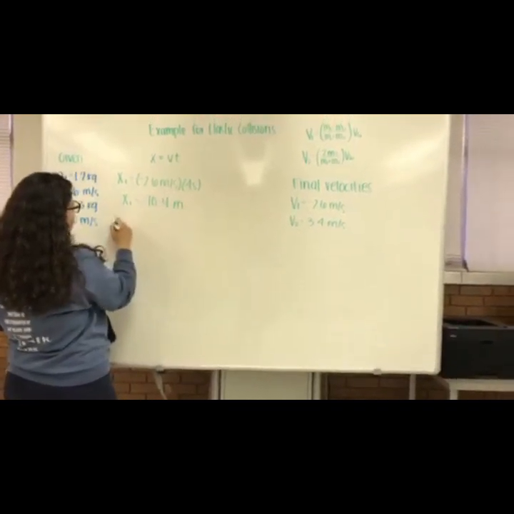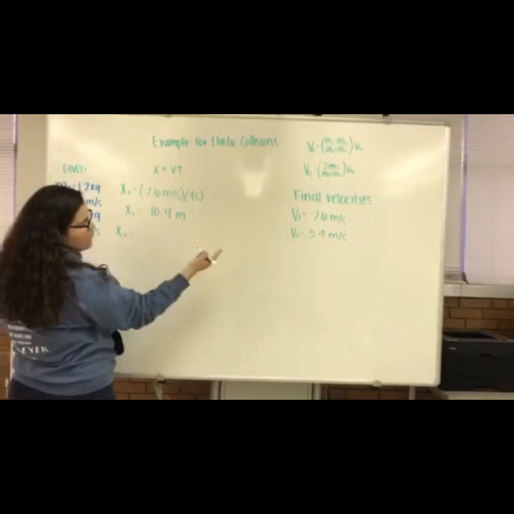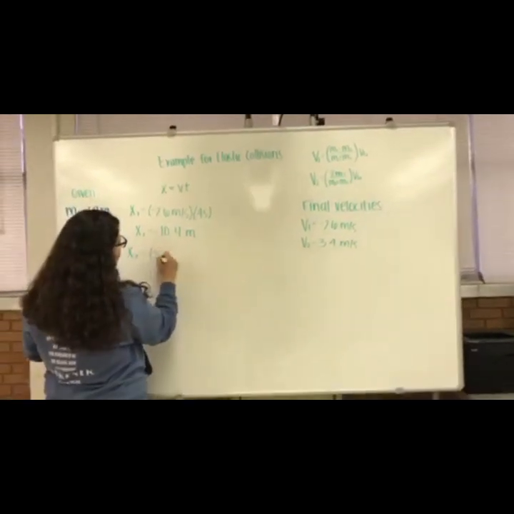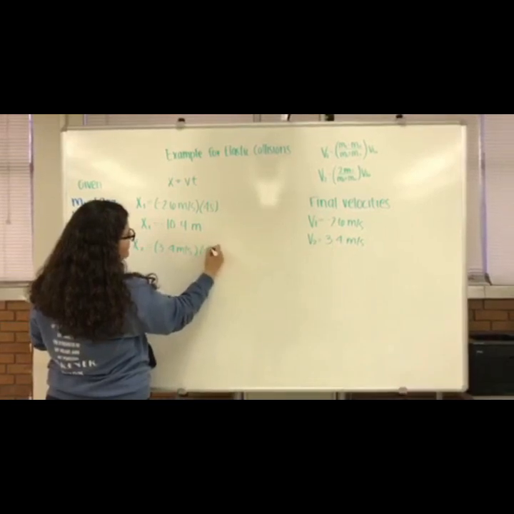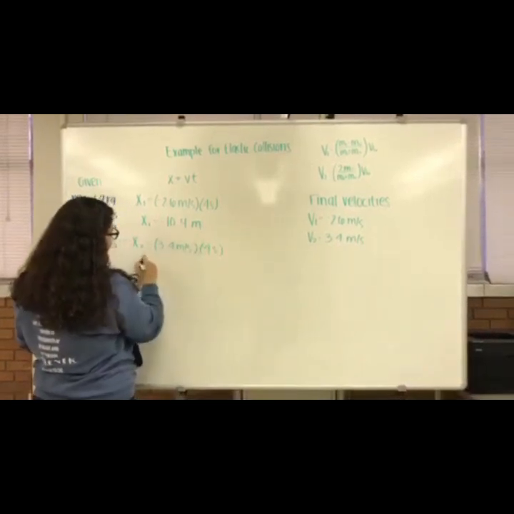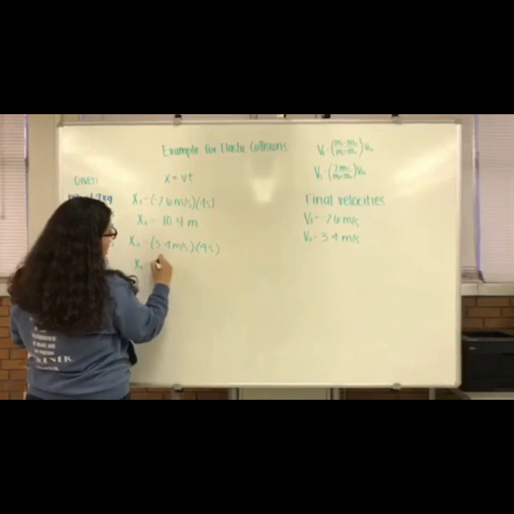For x2, we use 3.4 meters per second times the 4 seconds, and we get 13.6.